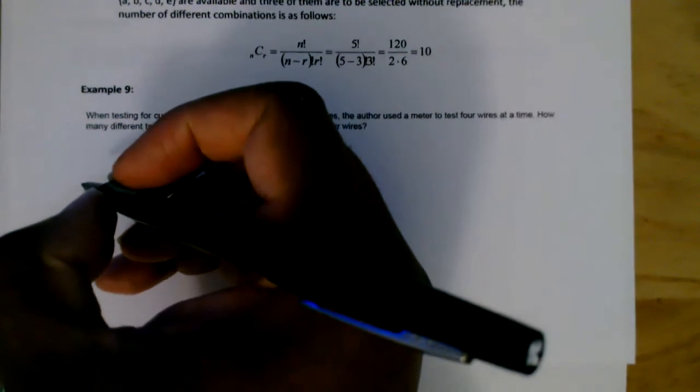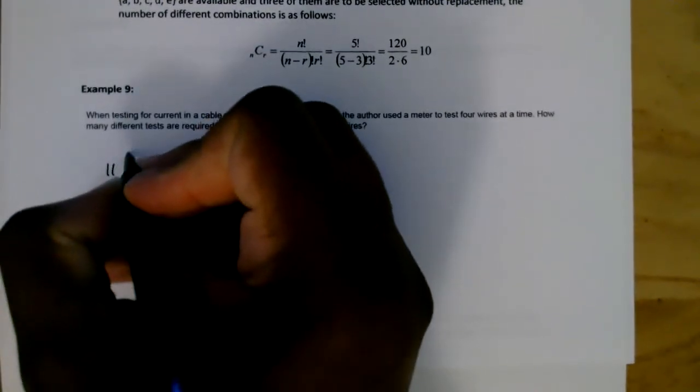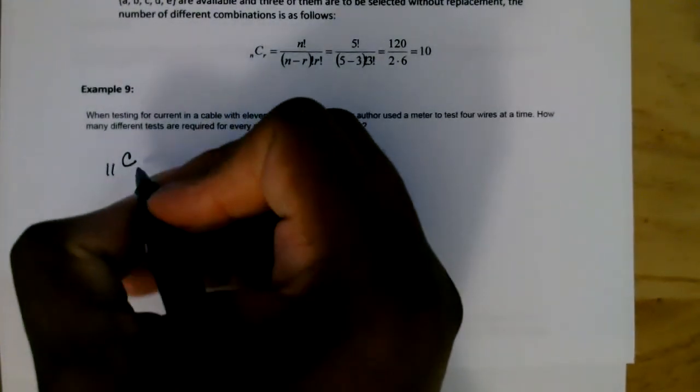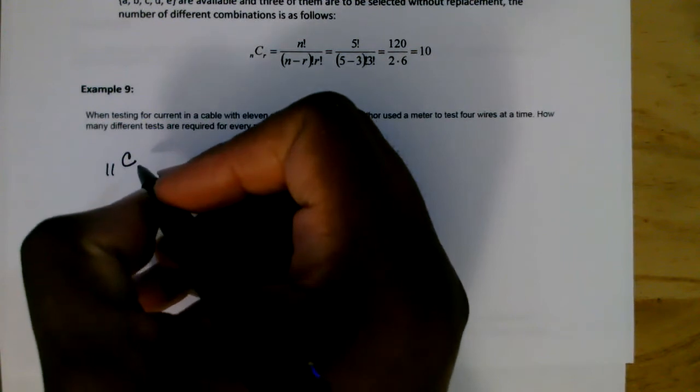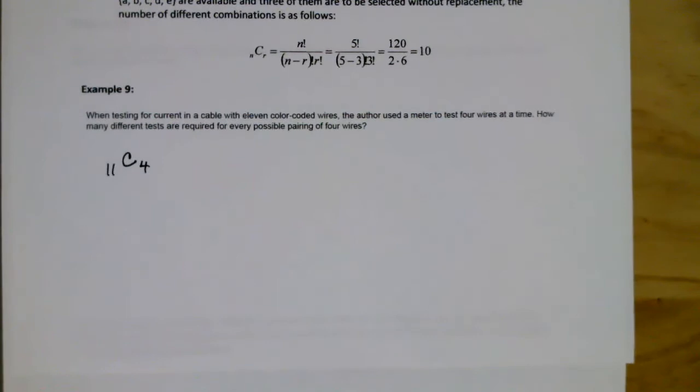So we got, let's see, we got 11 coded wires. So the 11 needs to go here, and then C, and every possible pairing of 4 wires. We're choosing 4. You want to put the largest number on the left side and the smallest number on the right side. Otherwise, your answer will not make sense.